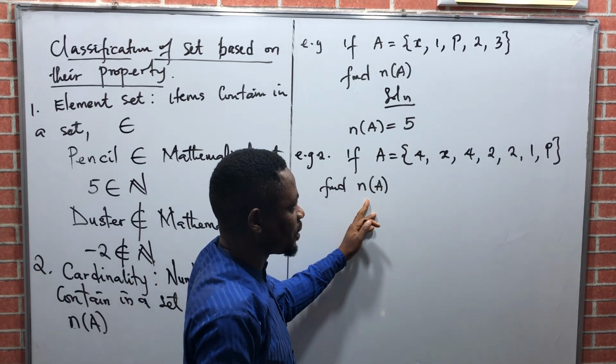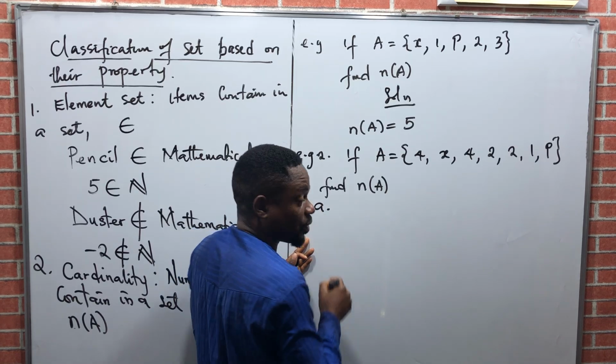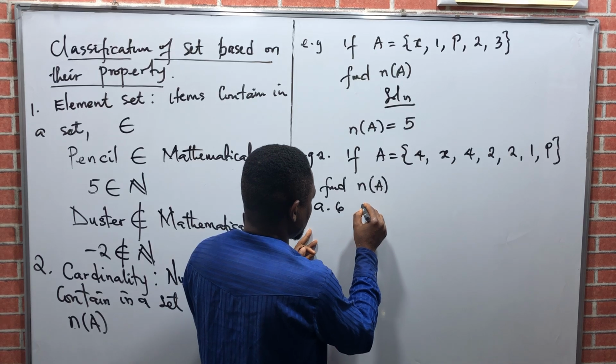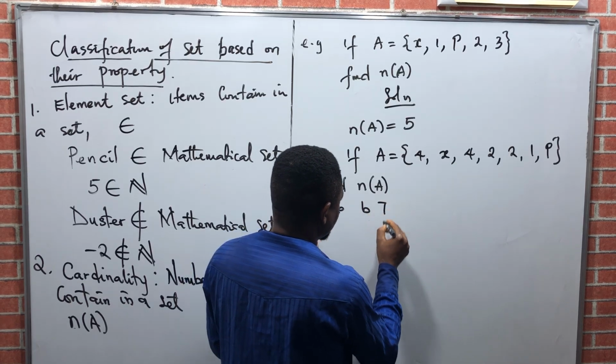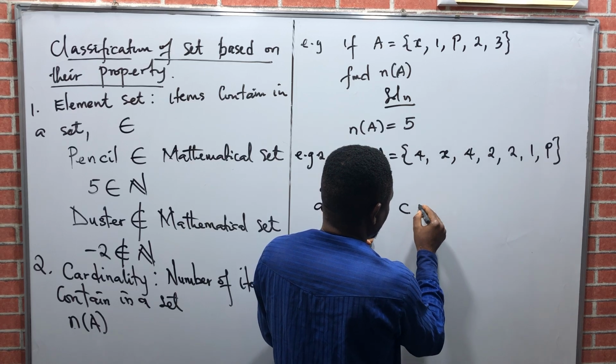Find the cardinality of set A. Now, if the options are given based on objective, let's say the first one, option A, is 6. The second one, option B, is 7. The third one, option C, is 4.